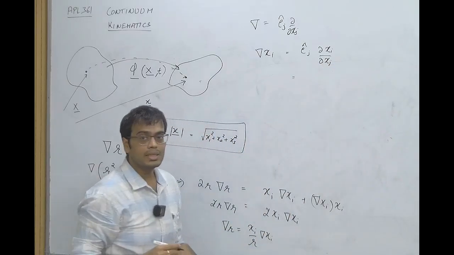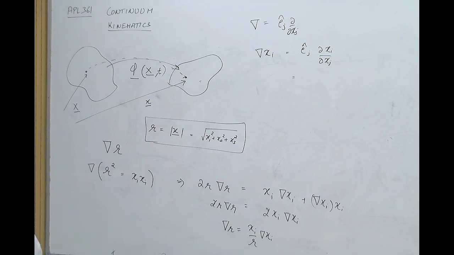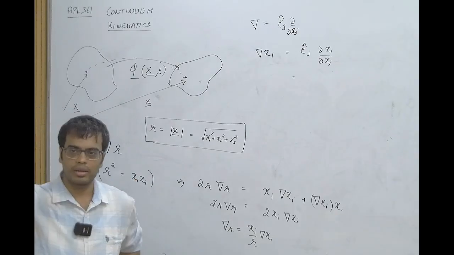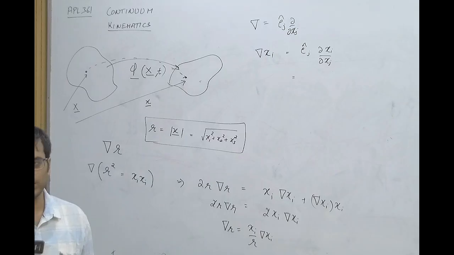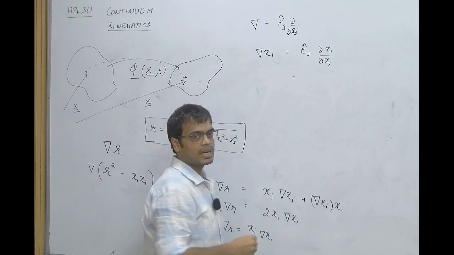Now xi's or xj's are components of the position vector. Naturally they're going to be independent. We are trying to differentiate this for an arbitrary point. We are not specifying that the point is on some curve or a surface where x1, x2, x3 might be constrained with one another through some equation. That doesn't exist, so xi's and xj's are independent.